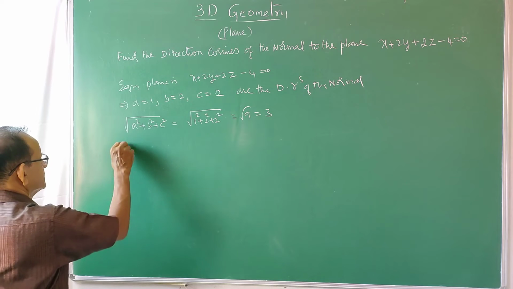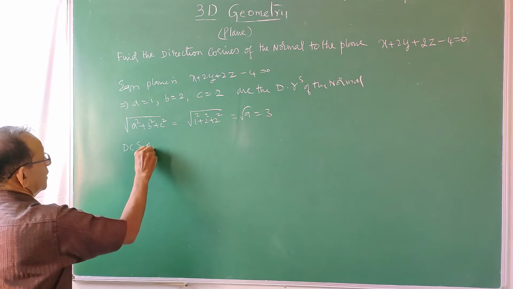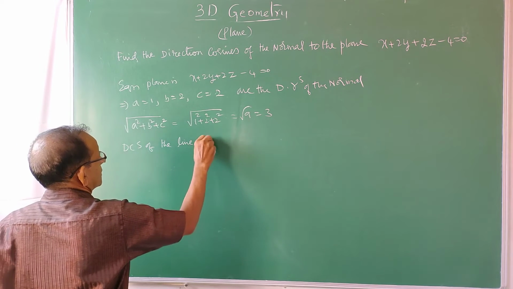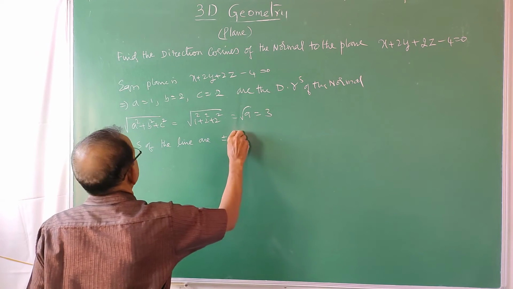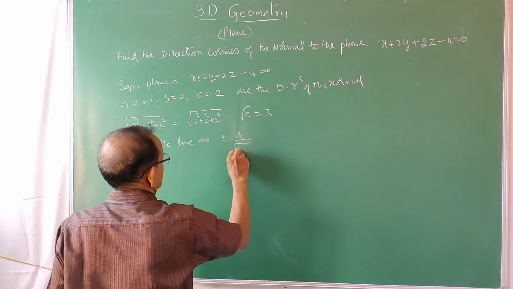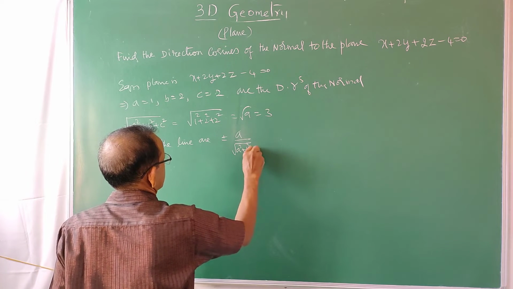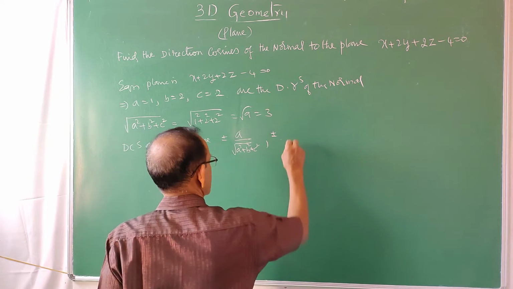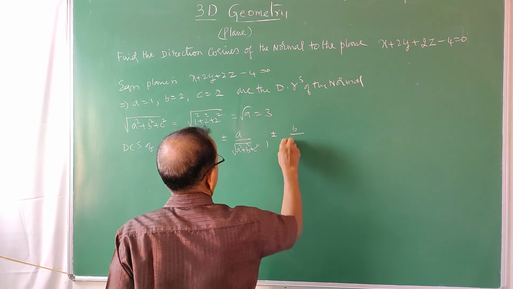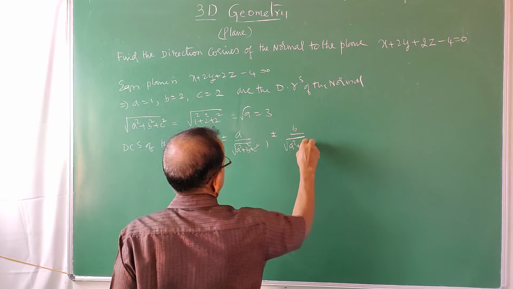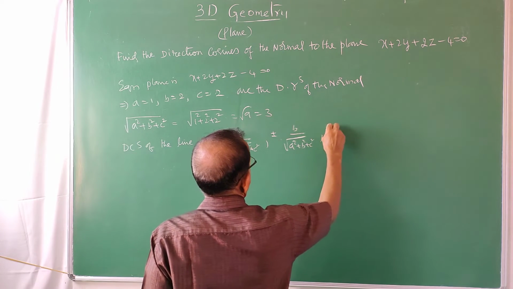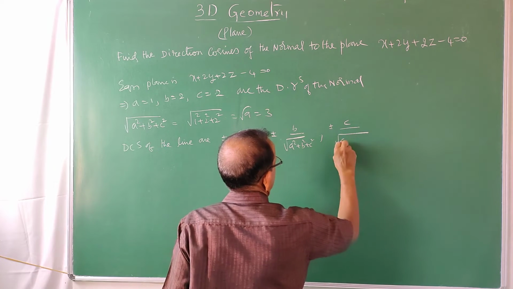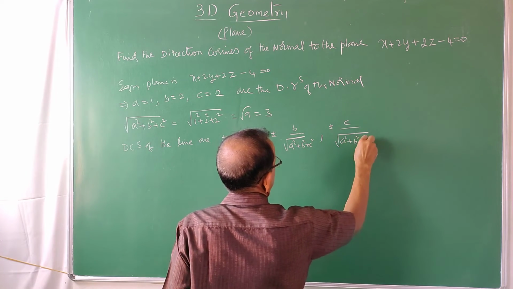So the DCs of the line are plus or minus a by root of a square plus b square plus c square, comma, plus or minus b by root of a square plus b square plus c square, comma, plus or minus c by root of a square plus b square plus c square.